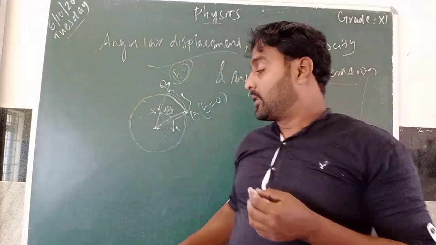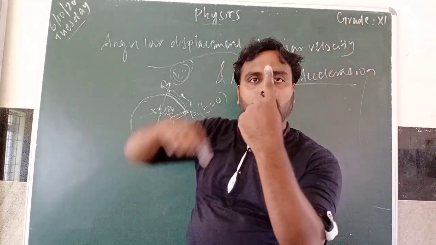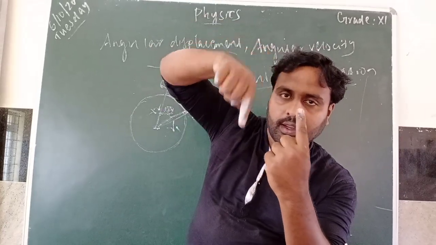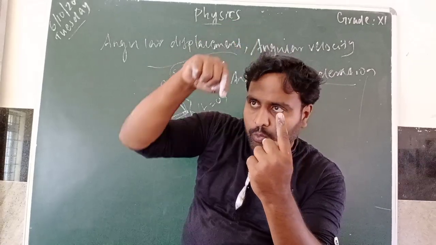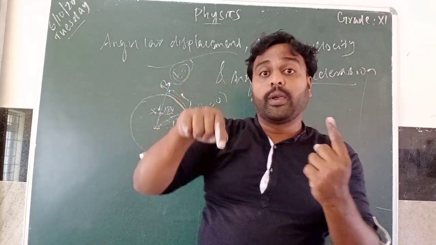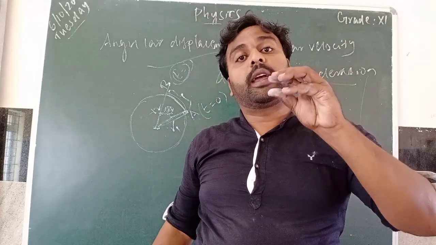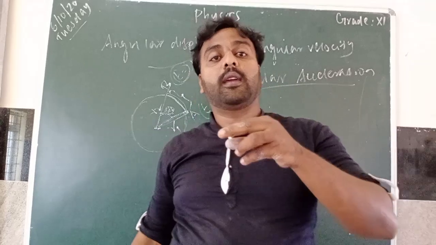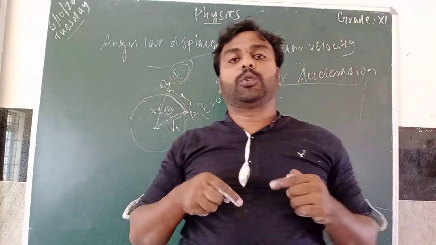Axis of rotation means from the center, a rotation like this. When the particle is rotating in this motion, it changes from one point to another, A to B, in some time. Now one angle is described, one angle is produced.